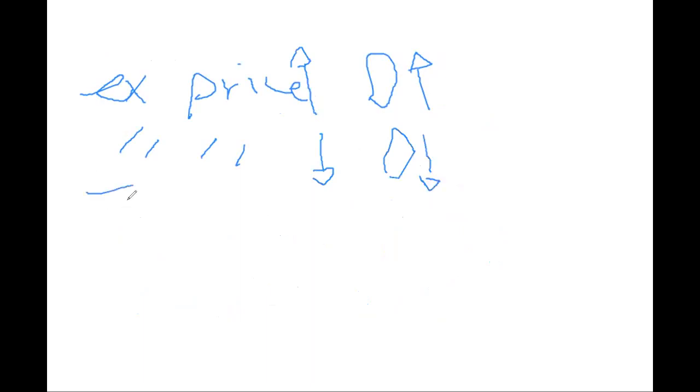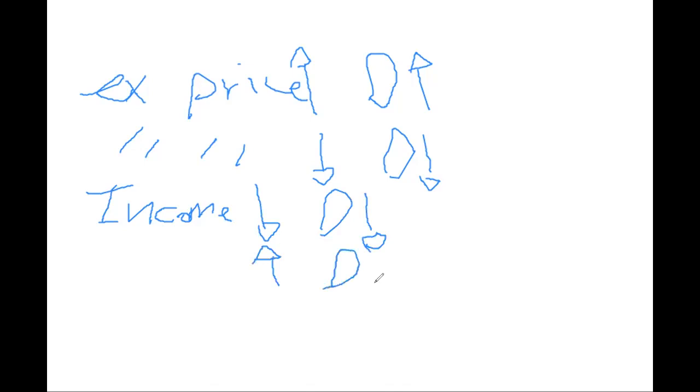Income: when income falls, we decrease demand. When income is high, we increase demand for normal goods and decrease the consumption of inferior goods.